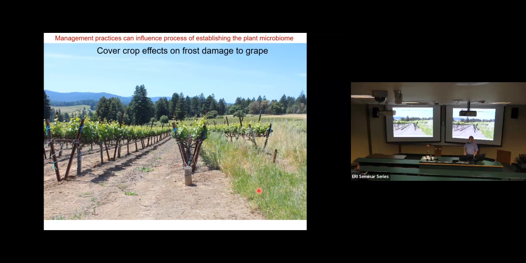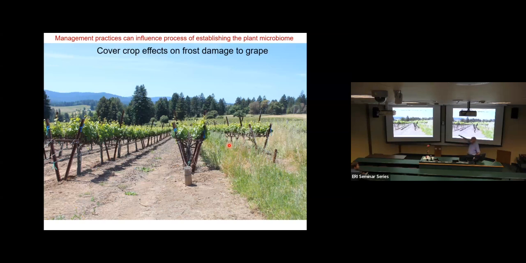Grapes are a big crop in California, obviously. And the highest value grapes are grown in the northern part of the state where freezing is quite common in the springtime. And based on what we had studied with citrus and the airborne bacteria at the beach, we were very worried about what the effect of these agricultural practices like the growing of cover crops between the rows.